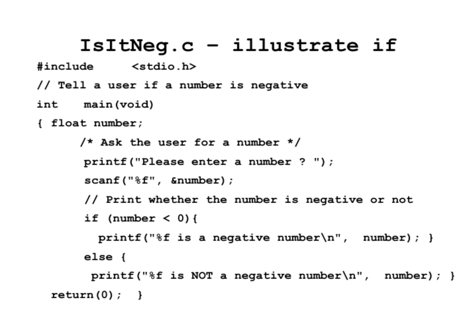Now, the core logic hinges on an if statement that checks whether the number is less than 0. If it is, the program prints out that this number is a negative number, using printf to display the value along with the message. If the number isn't less than 0, meaning it's 0 or positive, the else branch executes, and the program informs the user that the number is not negative.